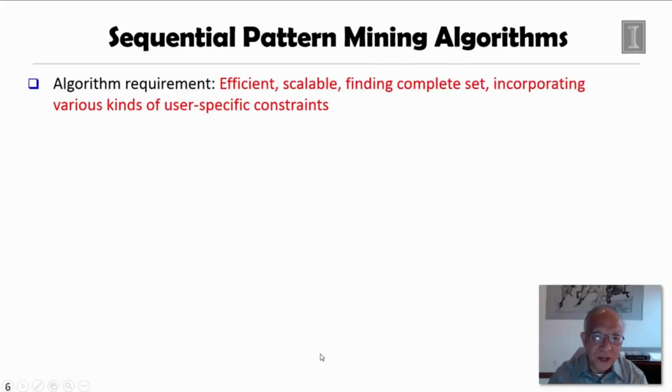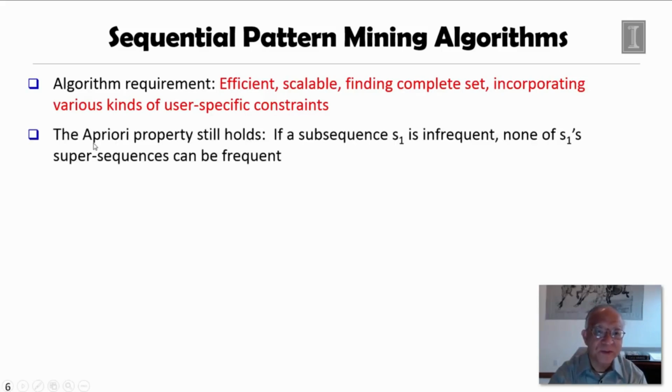So sequential pattern mining algorithm is you try to develop algorithms which are efficient, scalable, and these algorithms should find a complete set of frequent subsequences, we call sequential patterns, and also should be able to incorporate various kinds of user-defined constraints.